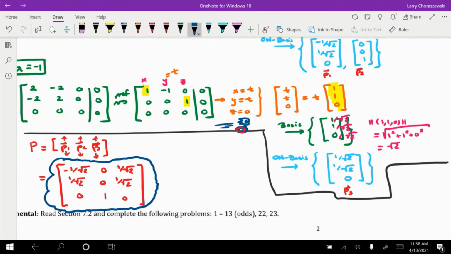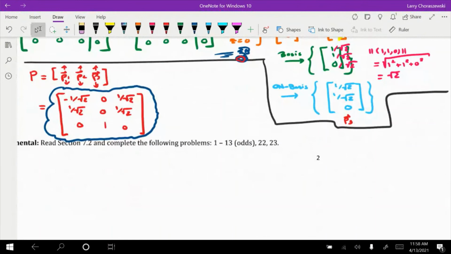Now for P inverse AP, recall that since P is orthogonal, this is the same as P transpose AP, which we know should give us the diagonal matrix D. Now D is going to be a 3 by 3, since there were 3 eigenvalues. 2 of them were duplicates.